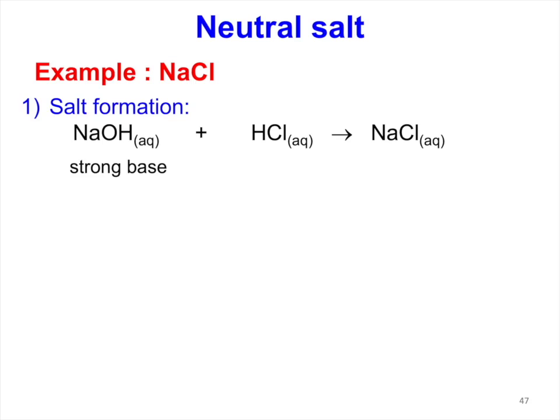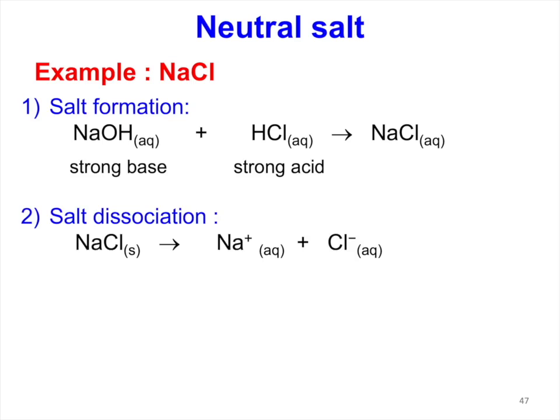NaOH here is a strong base, and HCl is a strong acid. Next, the salt formed from the neutralization of base and acid will undergo dissociation. So NaCl will undergo dissociation to form Na+ and Cl-.